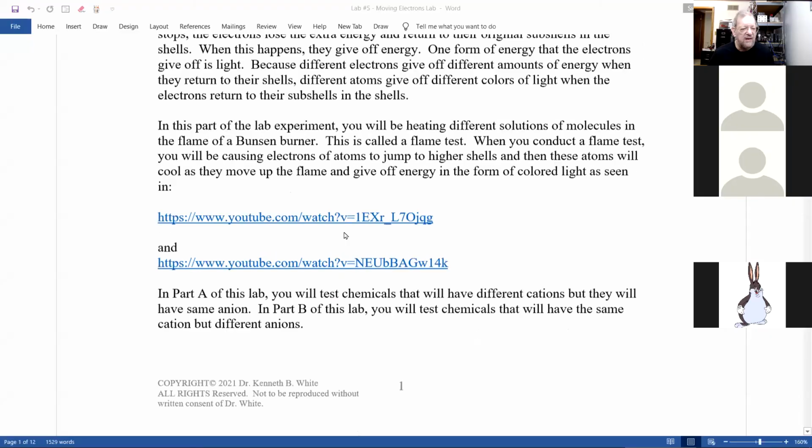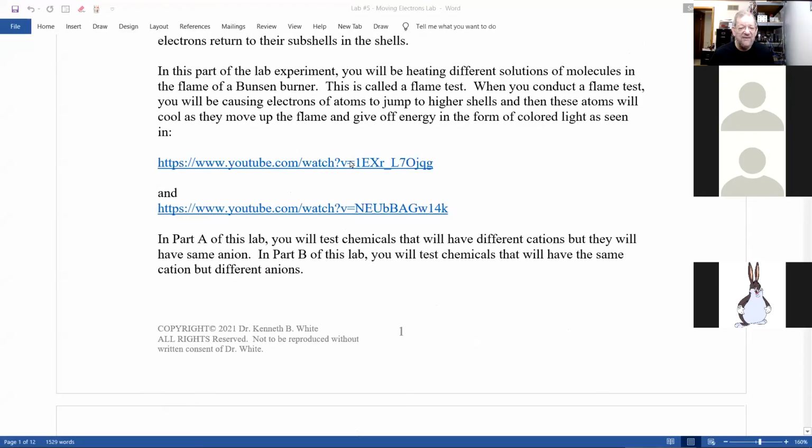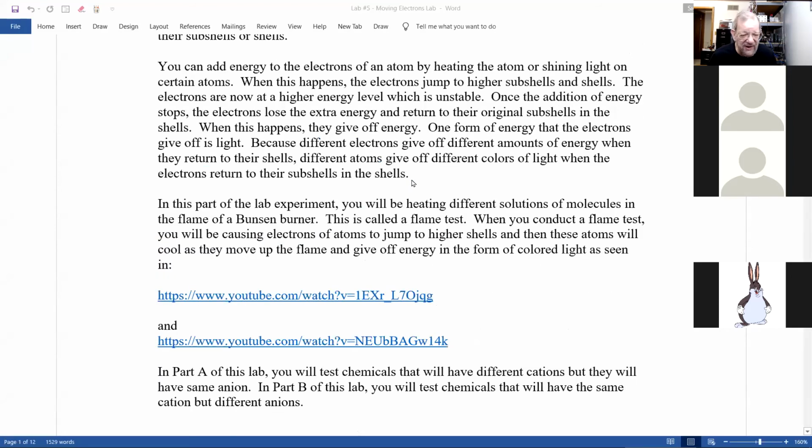All right, let's look at today's lab. And here I have a couple showing when you heat up a chemical, certain chemicals, and this is mainly ionic compounds, we have what's called a flame test, and it gives off a characteristic color.